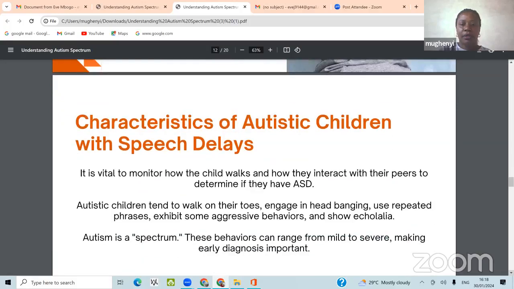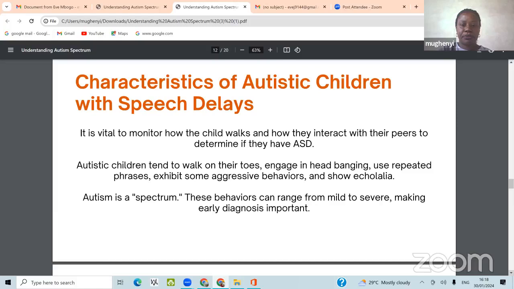Characteristics of children with autism and speech delays. Now here we can see how to understand or to think of whether a child has autism or not.